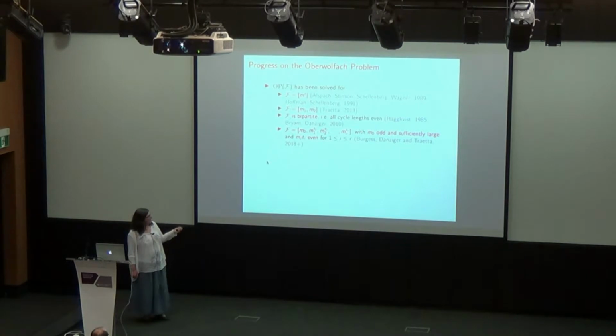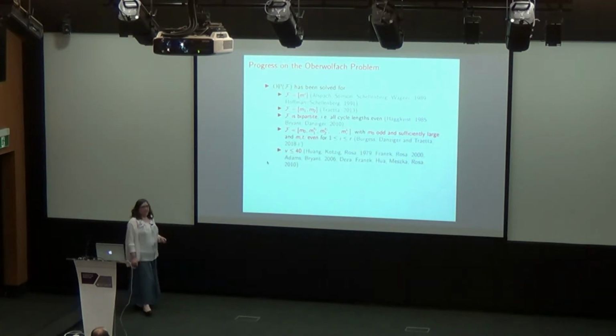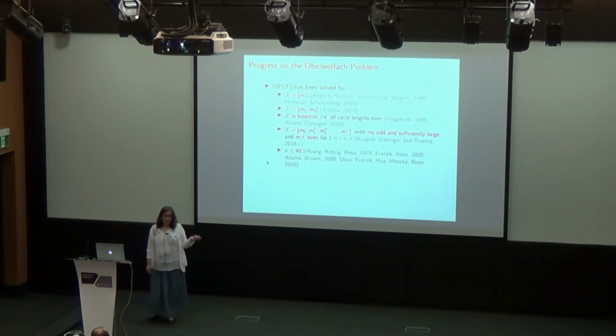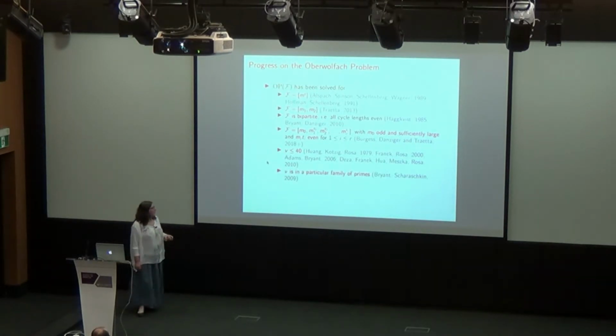We've been doing a little bit of work fairly recently, and we have some results if there's one cycle that's of sufficiently large odd length and some extra conditions on the other cycles. It's been checked for small orders up to 40 and a complete solution is known there.